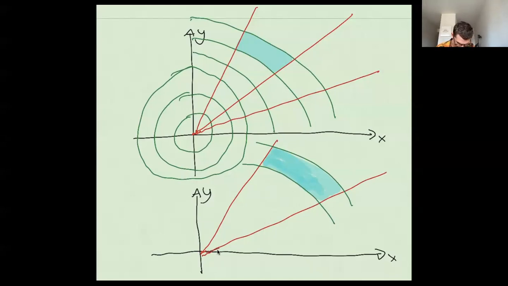So let's call this r. To move from this ray to this ray, you have to move some amount theta. Usually that angle that you moved is called d theta.